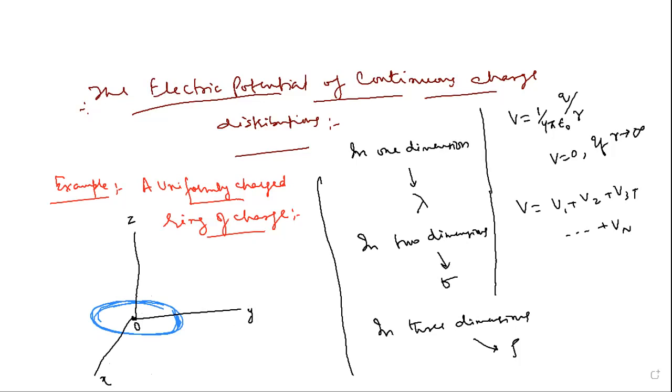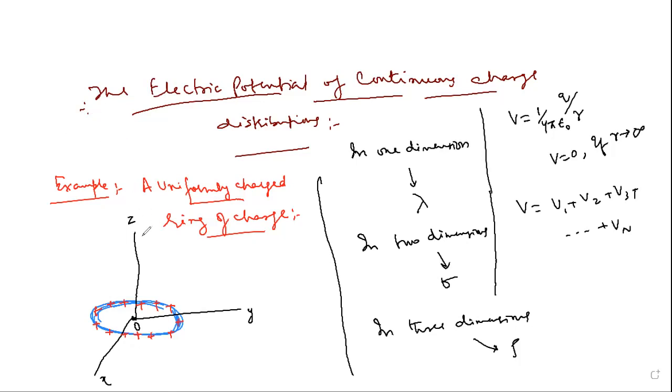O is the origin of the coordinate system, and that is also the center of this ring, right? Let there be positive charge on the ring. So it is a positively charged ring. It is placed in the xy plane. Origin coincides with the center.